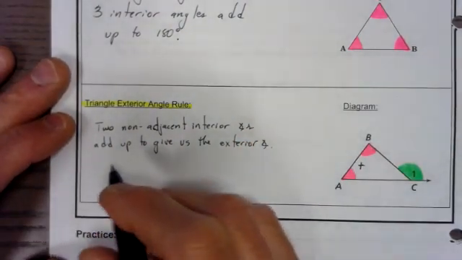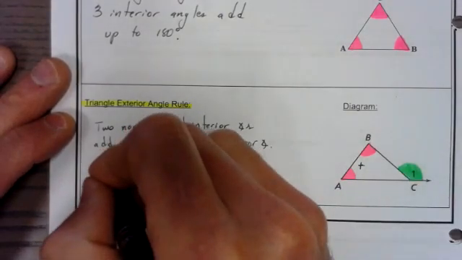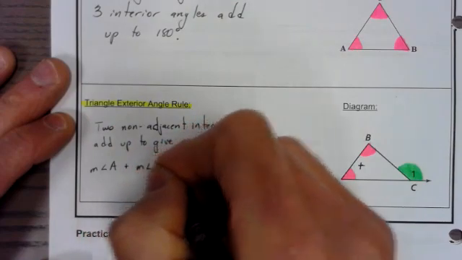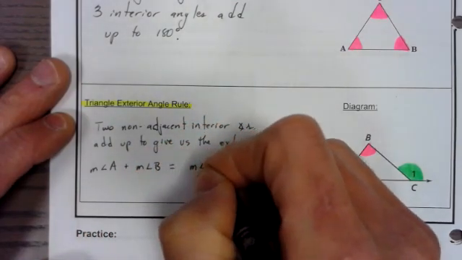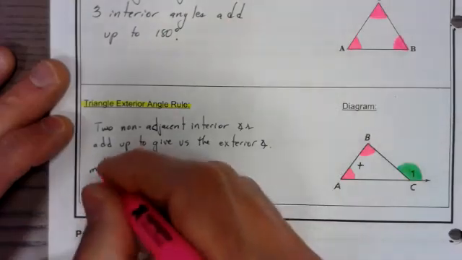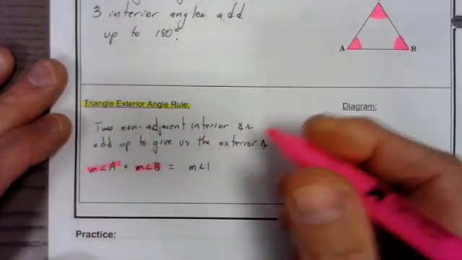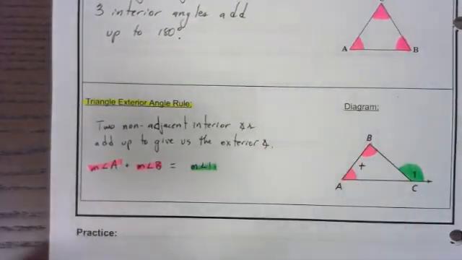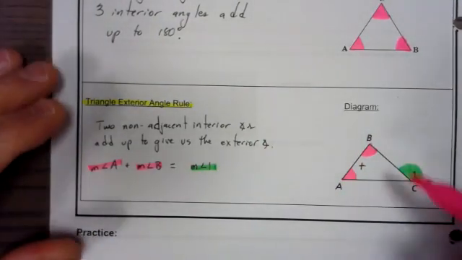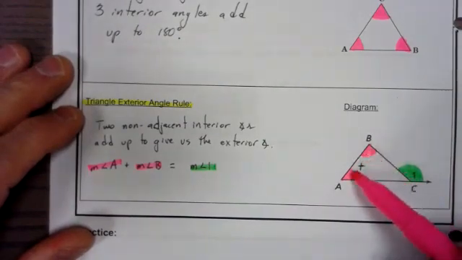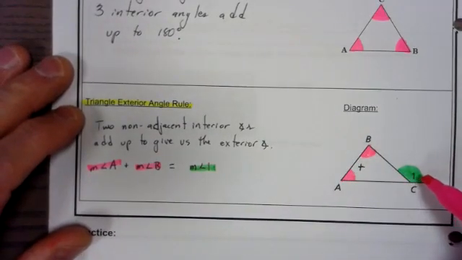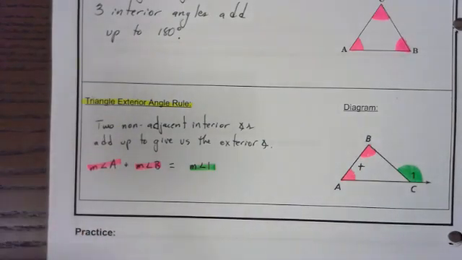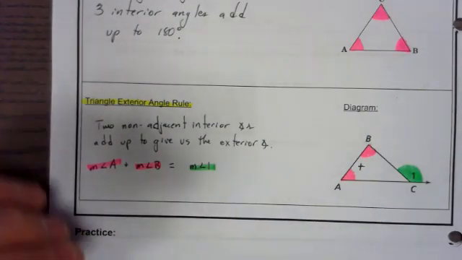Okay, so we'll call this angle A. So the measurement of angle A plus the measurement of angle B is going to equal the measurement of angle 1. Like I said earlier, the two angles inside the triangle that are farther away from the exterior are going to add up to give us that same exact measurement of the exterior angle. That's our triangle exterior angle rule.